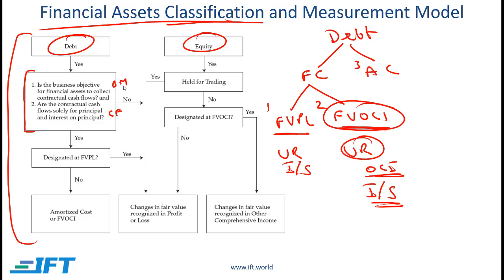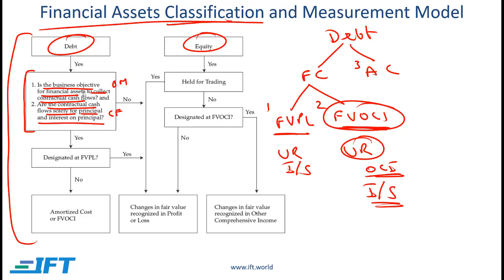So the question related to the business model is whether the business objective for financial assets is to collect contractual cash flows. And the other question is, are the contractual cash flows solely for the principal and interest on principal?